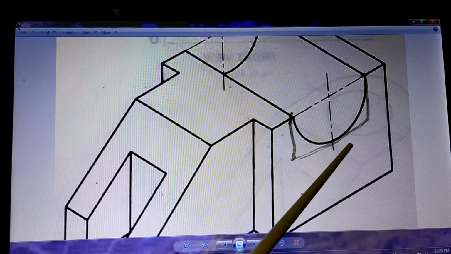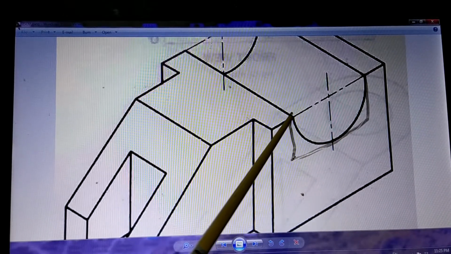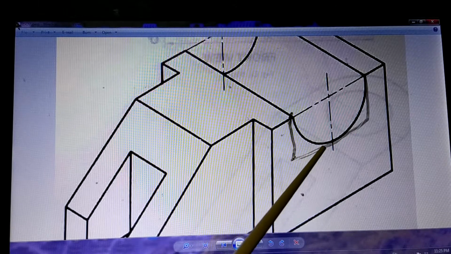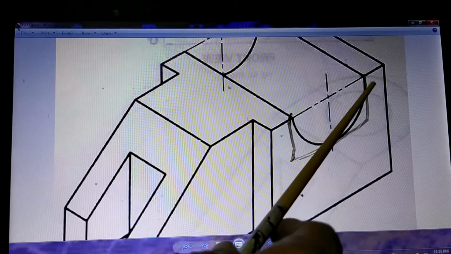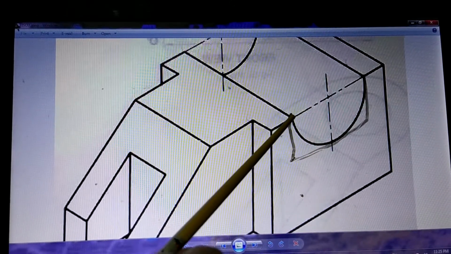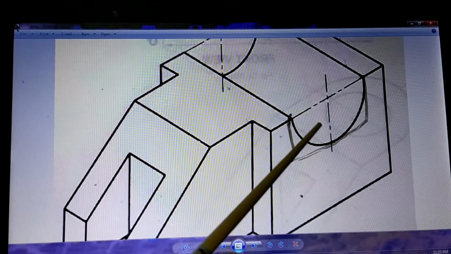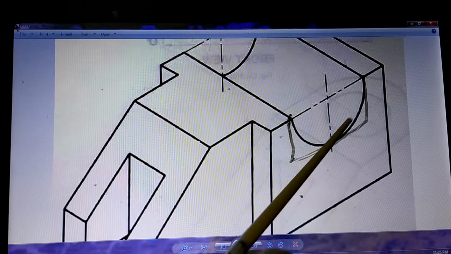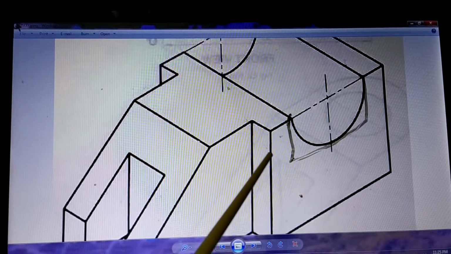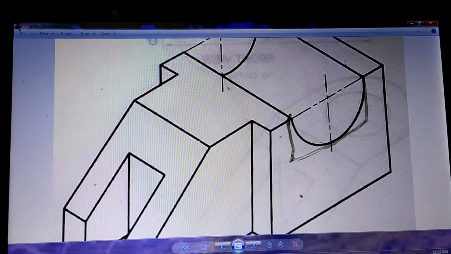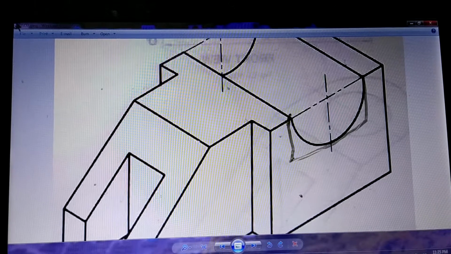And then in this half rhombus, we know that there is an arc. One small arc will come here and a larger arc is going to come here. But right now we don't know where the arc is, we only know the end points of the arc. These are the end points of the small arc, and these are the end points of the larger arc. So with these 2 points, we learn how to draw the arc.